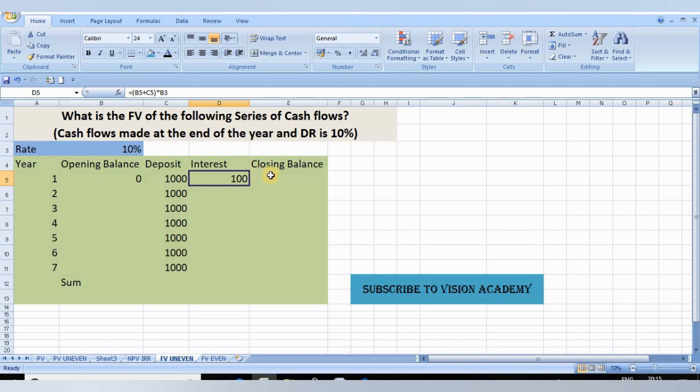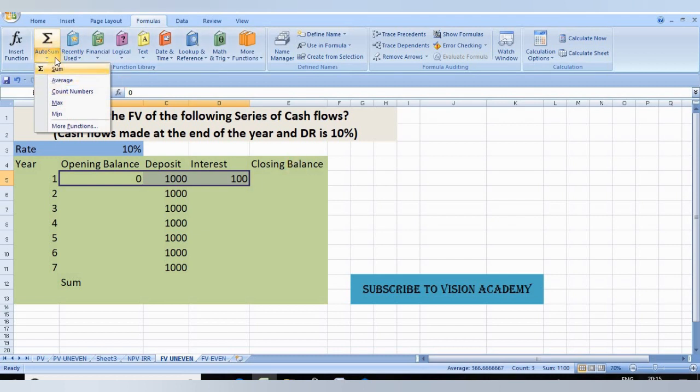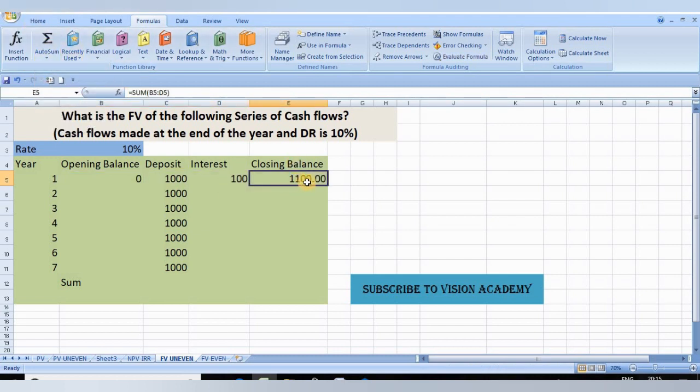Now you want to calculate closing balance. Closing balance is opening balance plus deposit plus interest. So your closing balance will be 1100 rupees at the end of the first year.